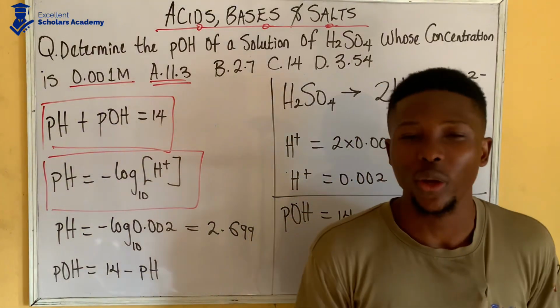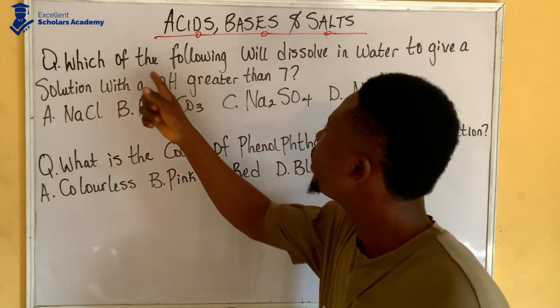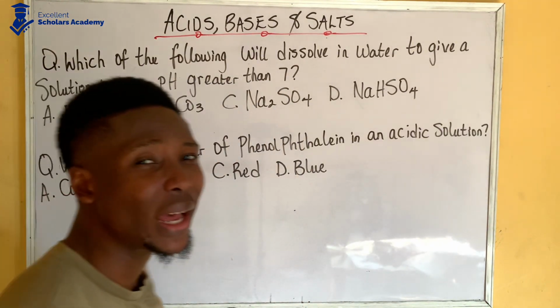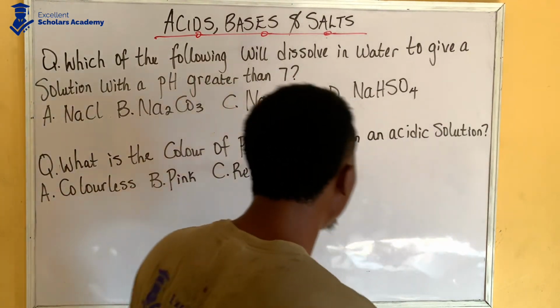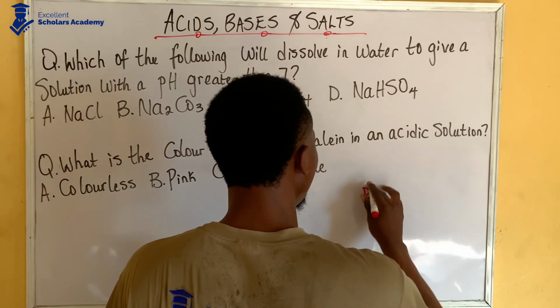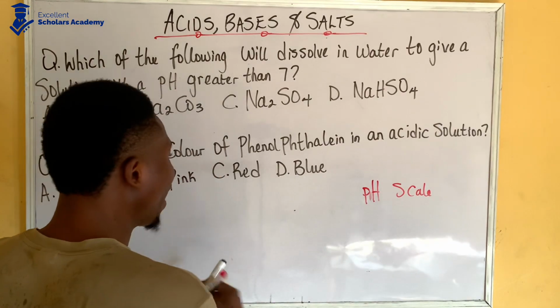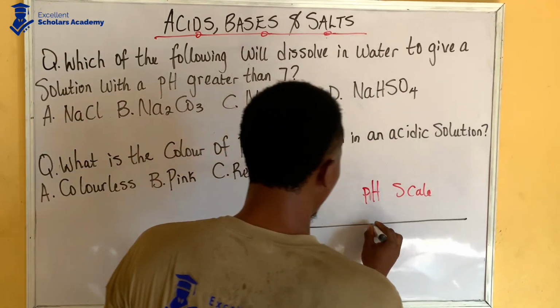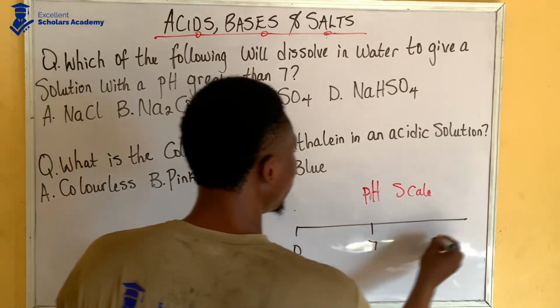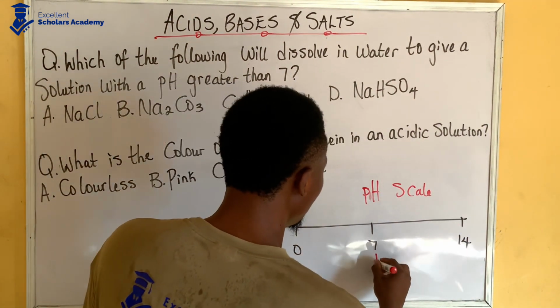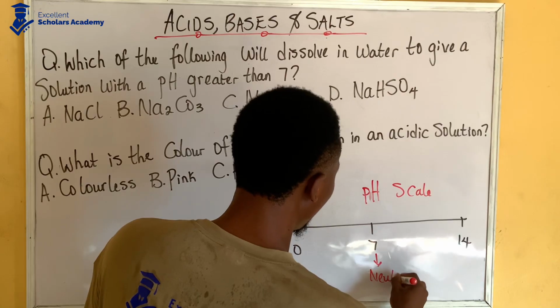Now let's solve another question on this. The question says, which of the following will dissolve in water to give a solution with a pH greater than 7? Now, let me bring you a reminder of the pH scale. If we have our pH scale, this is 0, this is 7, and this is 14. This point is where the solution is neutral.